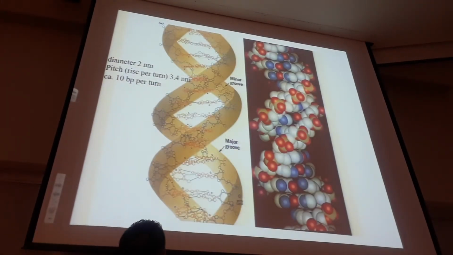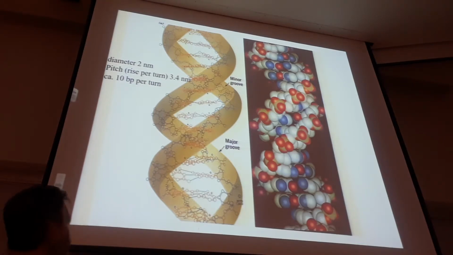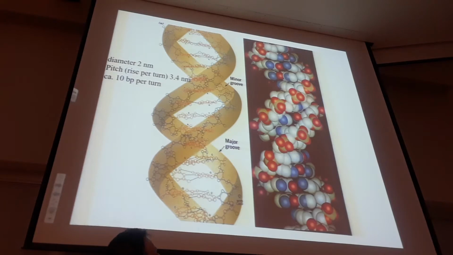So we are talking about a helix, almost like a helical staircase, that runs around an imaginary axis, okay? There's no axis that you would see here, but the direction is right-handed. Okay, so it's a right-handed helix.